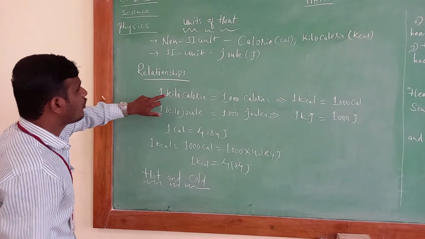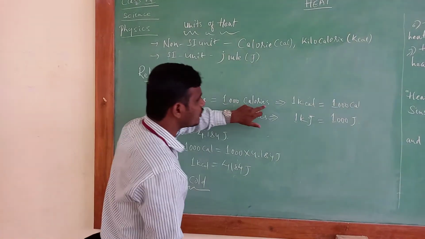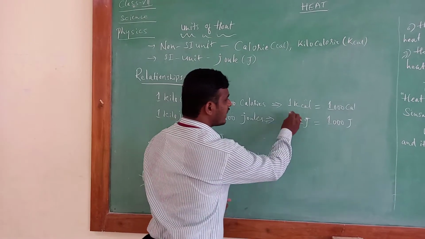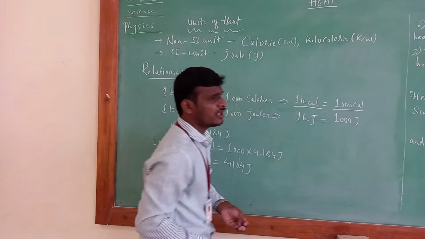First, 1 kilocalorie is equal to 1000 calories. In notation we can write: 1 kilocalorie is equal to 1000 calories.